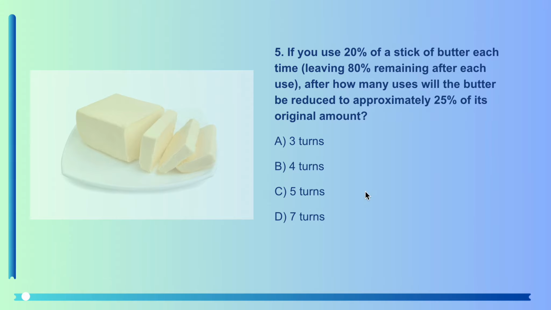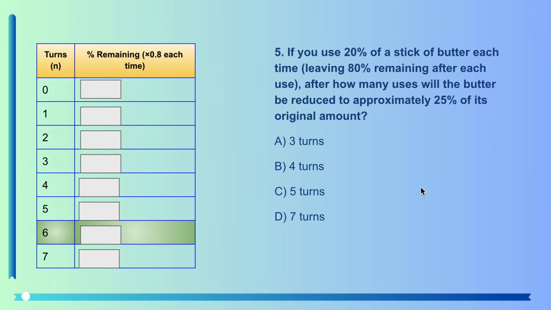In how many turns will that happen? Let's see. So each time you have 80%, which means 80 by 100, which is actually 0.8. You can also do it in fractions. It's 4 by 5. Or log method, which is a little more complicated. Let's just do a small calculation instead.